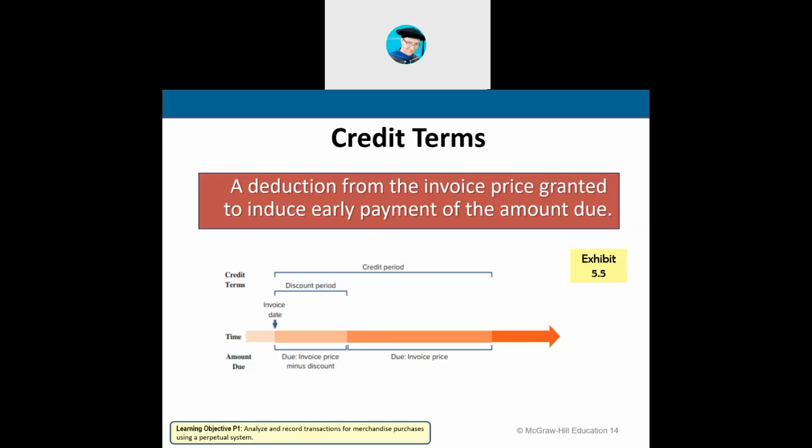So my invoice is $10, and my vendor says, "Hey, listen, Macy's, if you pay this $10 within the first 10 days, I'll give you a 2% discount." Great. So if I pay that invoice within the first 10 days, I will send them a check for, what is it, like $8? Oh no, it's not even that high. It's like $9.80 or whatever. So I'll send them the check for the reduced amount if I pay it within the first 10 days. Otherwise, I pay them the whole $10.